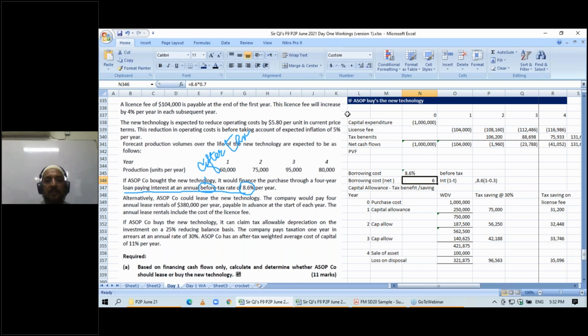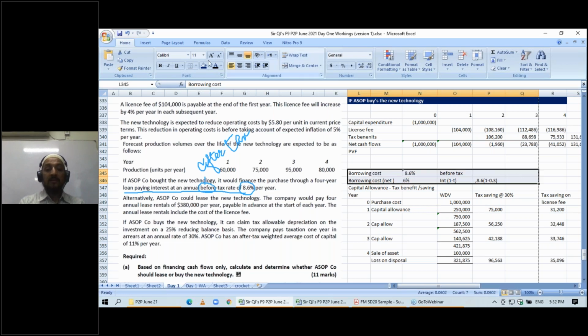So this makes 6%. So the discount rate for this question that will be used is 6%.